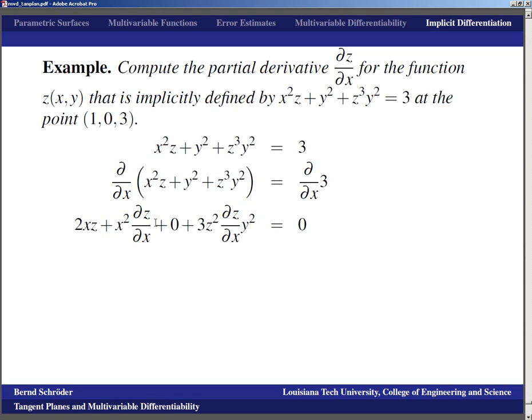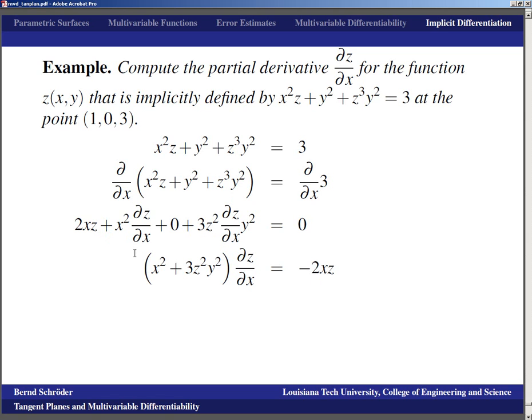And then we have equals 0 because the derivative of 3 with respect to x is 0. Of course, now we can factor out dz dx, and we can pull the 2xz to the right side. So we get the right side being negative 2xz, and then we have dz dx as a common factor in all the other terms.